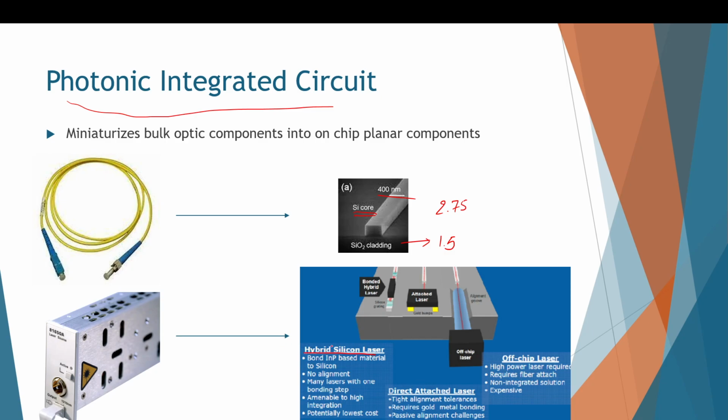In this case there will be a waveguide, and on top of the waveguide they will bond an indium phosphide based laser or some lasing material. They fabricate this material on a separate die or wafer in a separate process, and then bond it onto the waveguide. So this is probably the lowest cost.